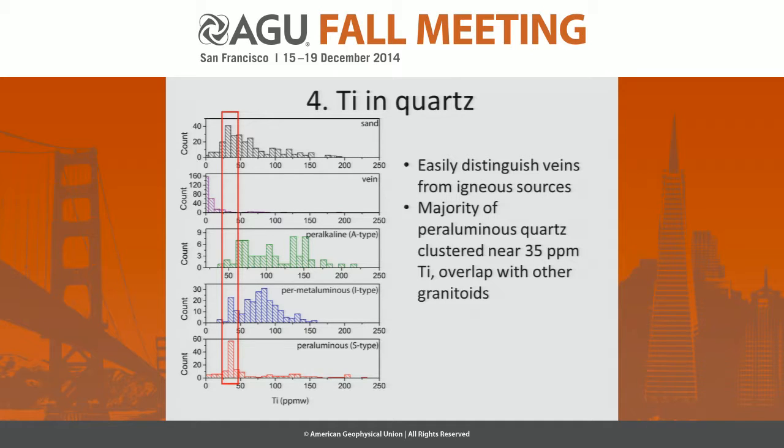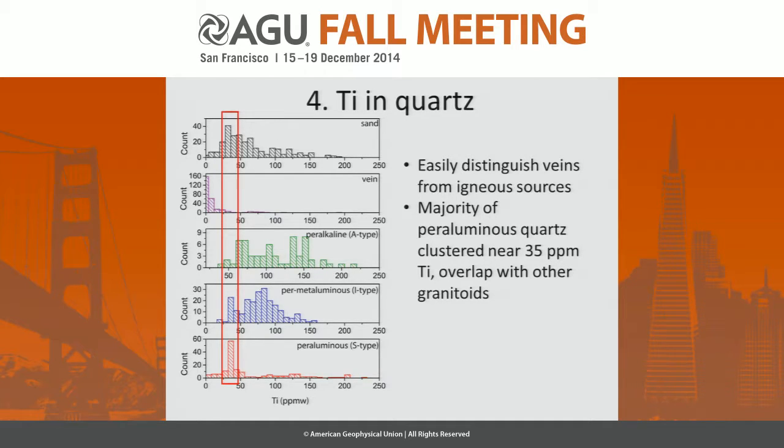So in titanium space, it's not necessarily easy to discern the difference between metaluminous I-type sources and peraluminous sources for titanium. Although I will note that the Bemboka granodiorite, the most prominent plutonic rock in the region, is this little hump in titanium right here.